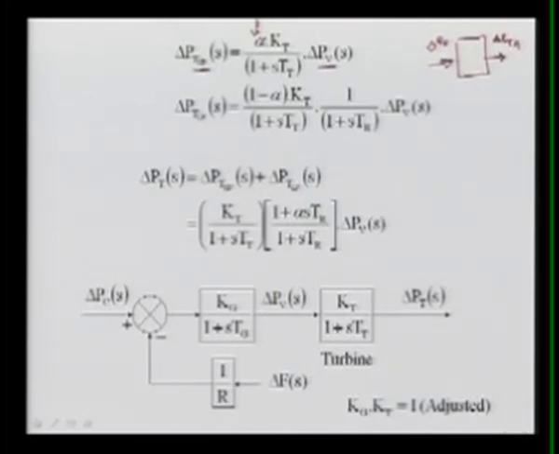So for this transfer function, because we are using only alpha times of that one, we are just multiplying alpha. Now for the LP and IP units power, 1 minus alpha is multiplied by this transfer function, because the remaining energy is going there, plus there is some travel time, a reheating time constant TR, that is added here, and then it is your PV. So the total turbine power is nothing but the change in the power of your HP stage plus the change in your power at the IP and LP stages.